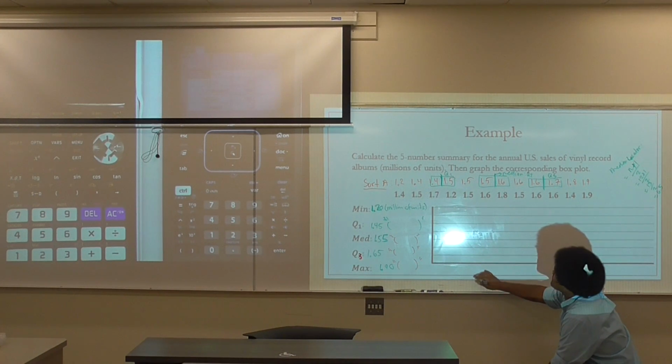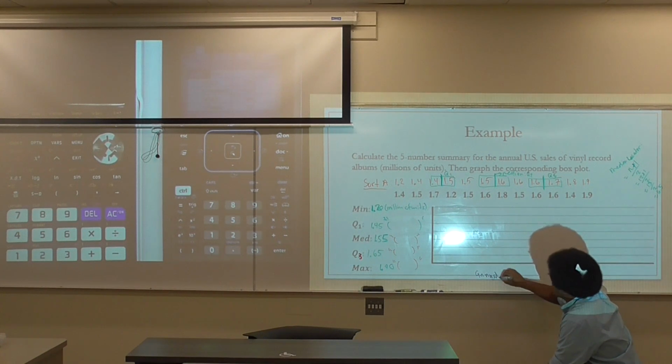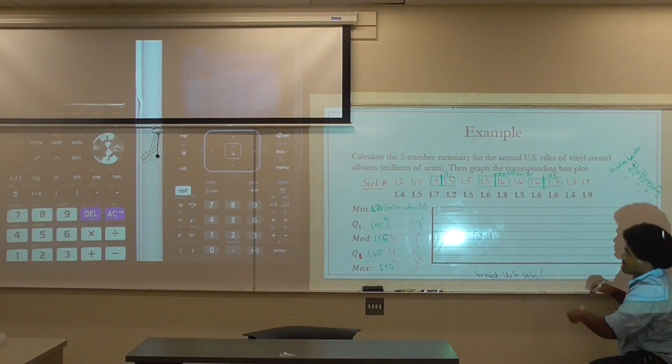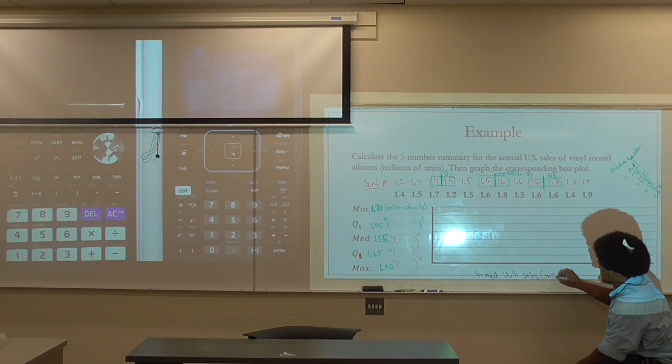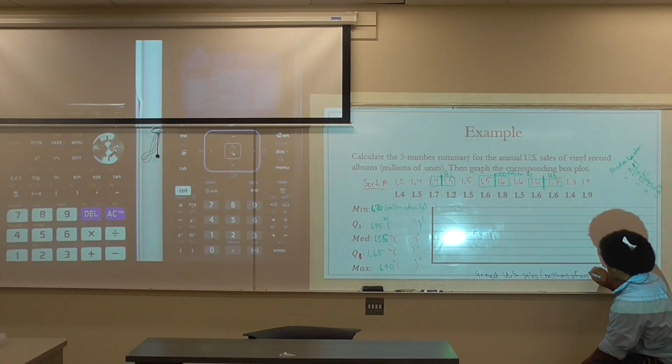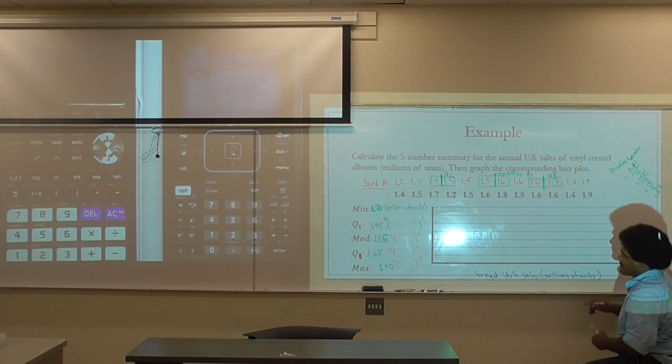So what we're saying here is it's supposed to be the annual U.S. sales. And what these guys see here, once again, is supposed to be in millions of units. So we have to keep that in mind.